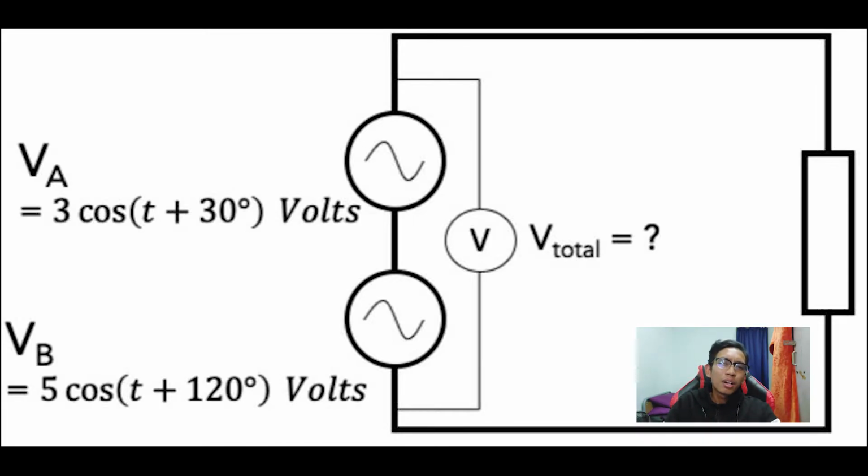If we want to find the potential difference, simply adding VA and VB together will not work. However, we can express both voltages as the real part, which is the x coordinate on the Argand diagram of a complex number.